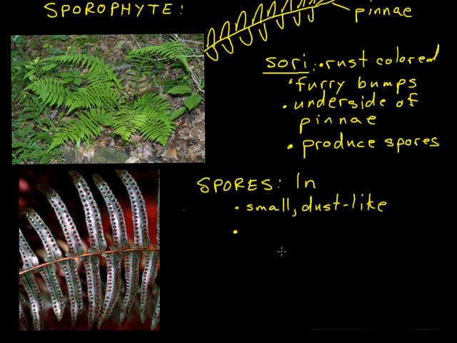They're very mobile, and ferns depend on water and wind, predominantly water, to move their spores around, and these spores are carried away. And once they are in an environment that is conducive to their growth, they germinate. And when they germinate, they form the reproductive growth form of the plant. So they germinate to produce the gametophyte phase.